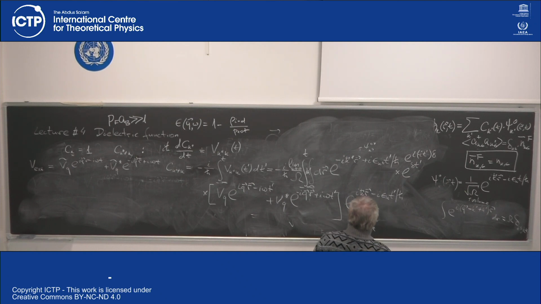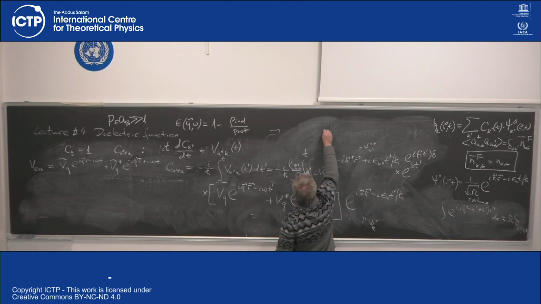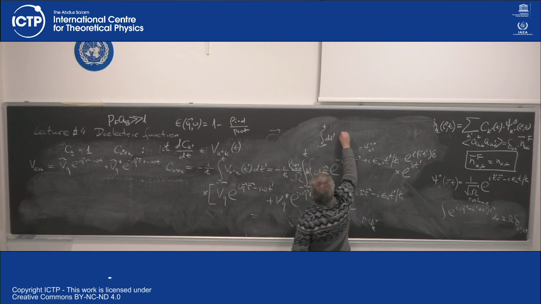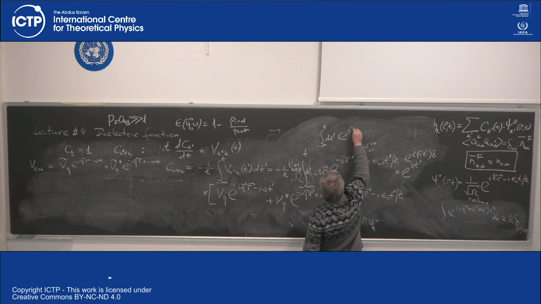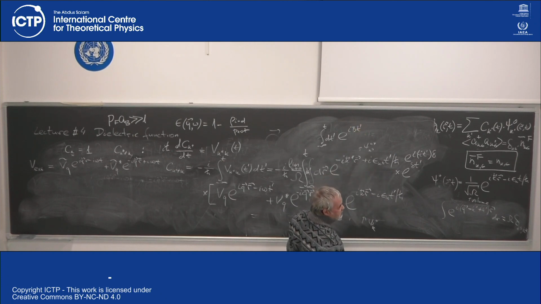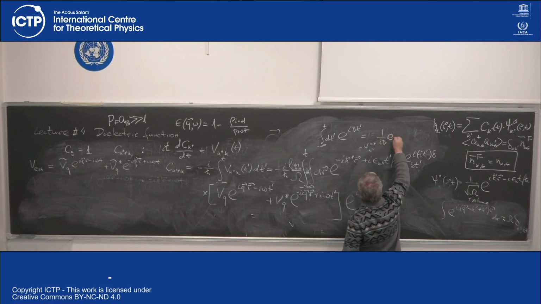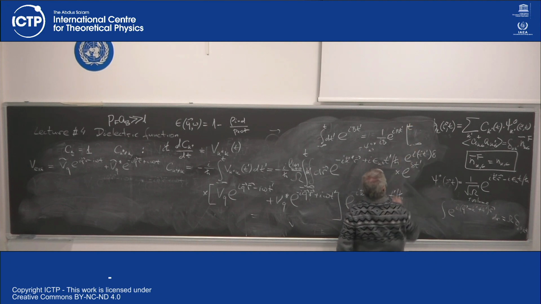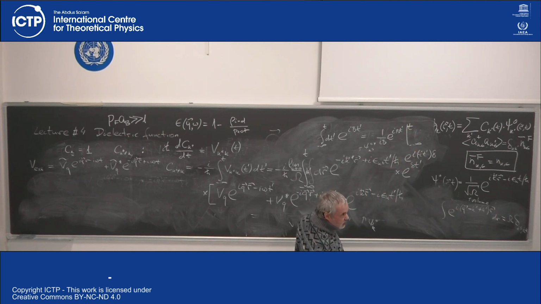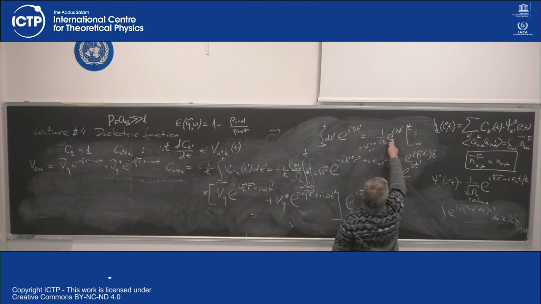Because, as I said, look, I'm computing integral over dt prime from minus infinity to t, and here I have some combination of exponents, e to the power i b t prime. What this integral is equal to? This integral is equal to 1 over ib, exponent i b t prime in the limit of minus infinity to t. But how do I define exponent to the power i b t prime at the lower limit, minus infinity? It's a not well-defined quantity because I have an oscillating function.